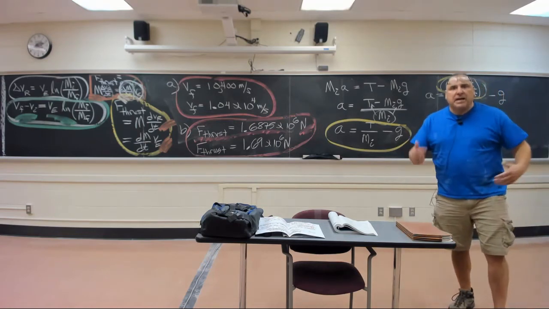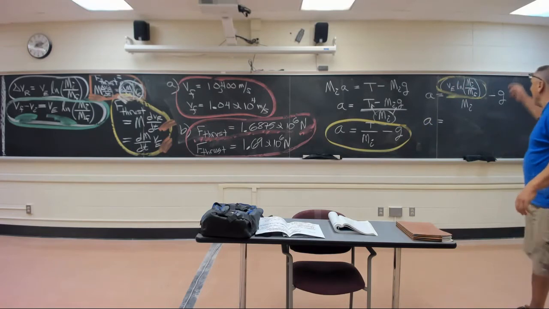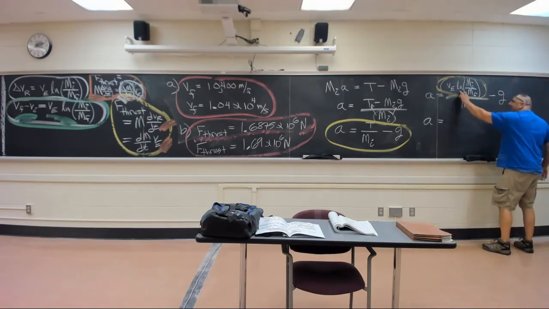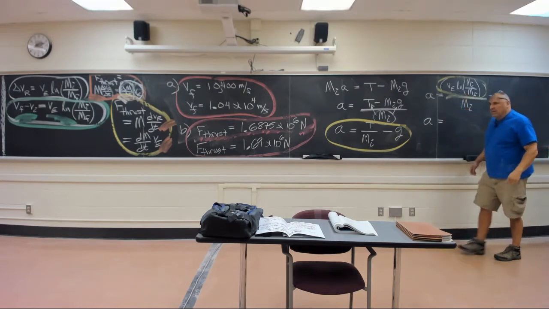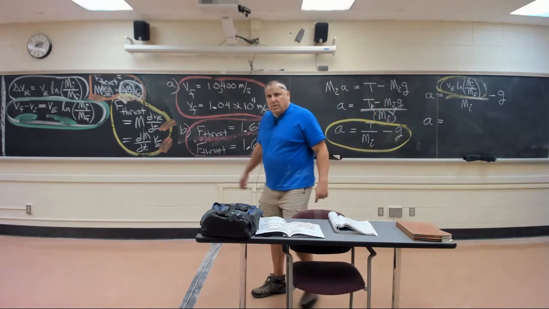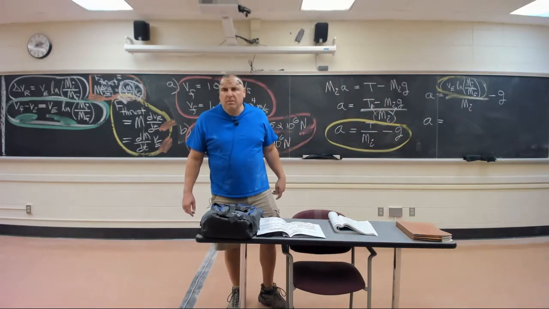Sometimes I can, other times I cannot. This time it didn't happen, but we got the answer at the end of it. At the end of the day, we got the right answer. We know what we did. We already got this. This is 1.6875 times 10 to the 6th divided by 1.00 times 10 to the 5th.